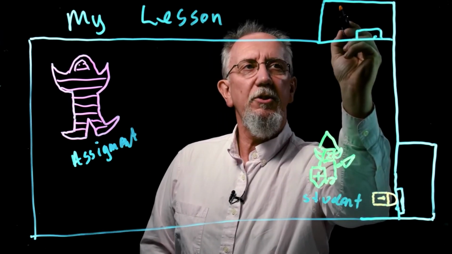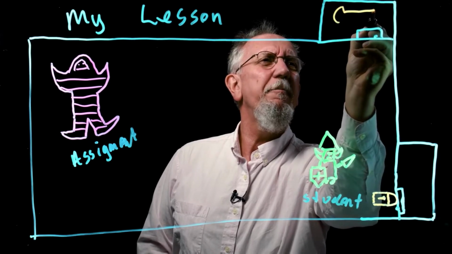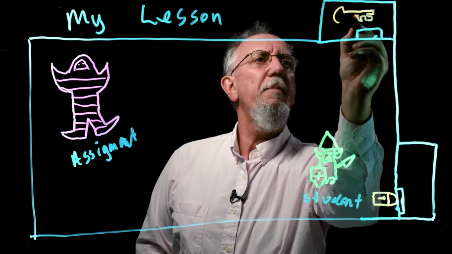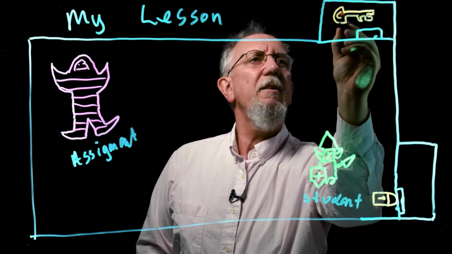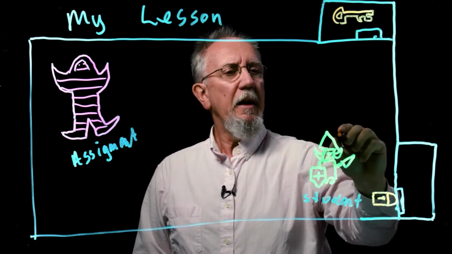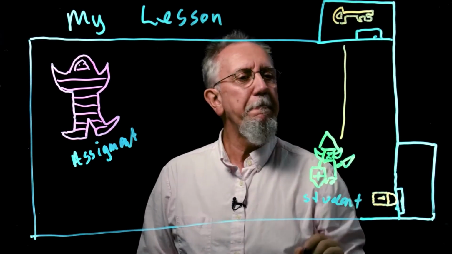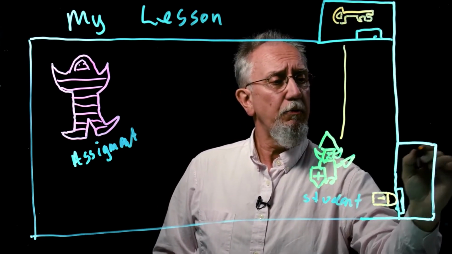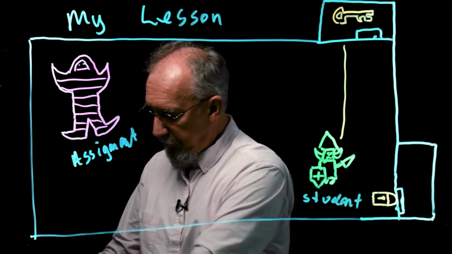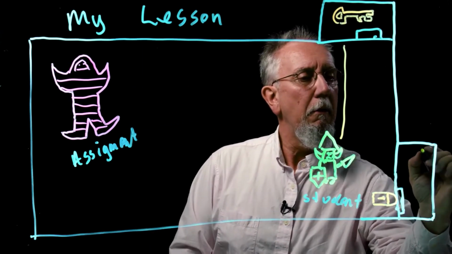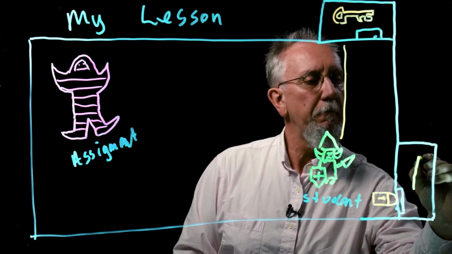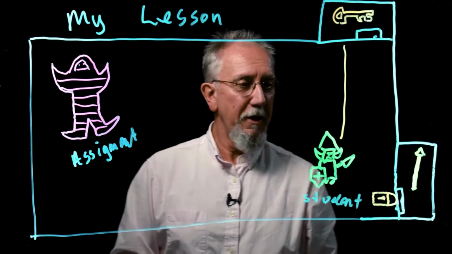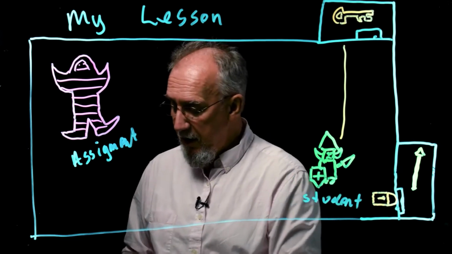So, first of all, the student has to locate the key, and the key might be a video or a PDF or some kind of article that they have to read. And so Link goes up, gets the key, and comes down here and unlocks this room, which inside has a weapon of some sort. This is a great assignment. So inside there's a spear here.